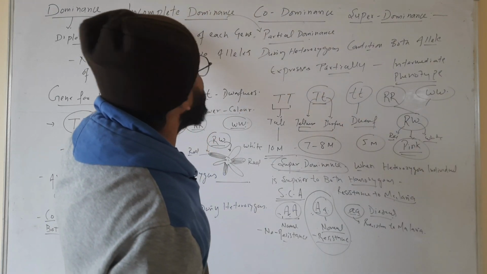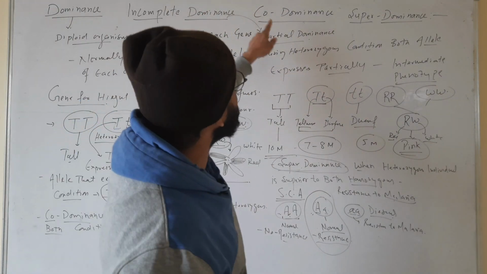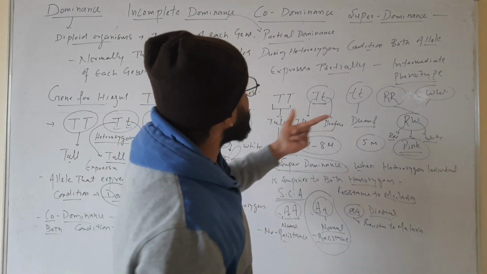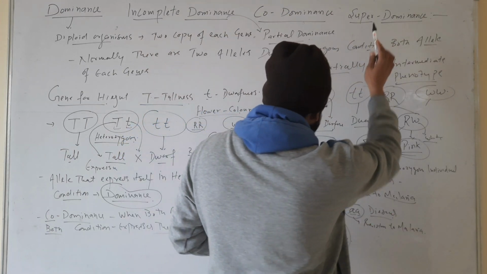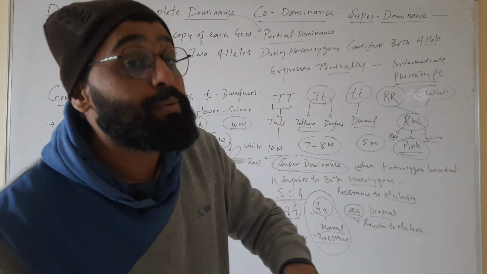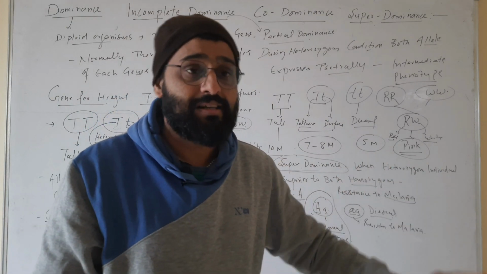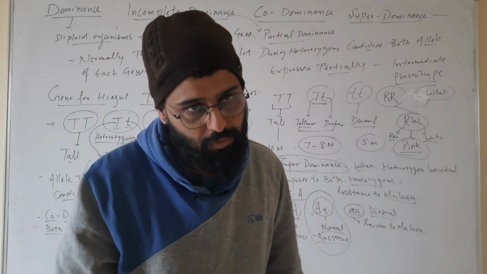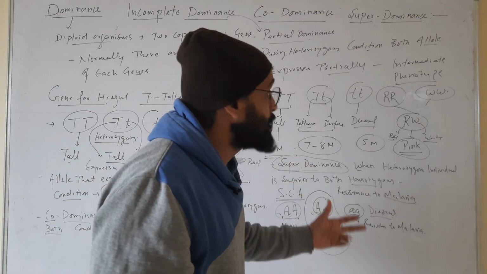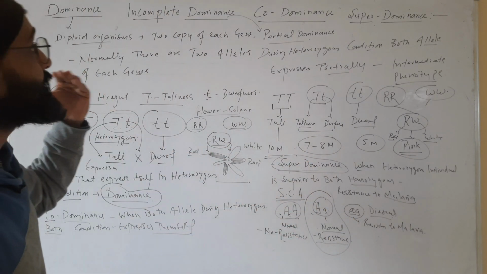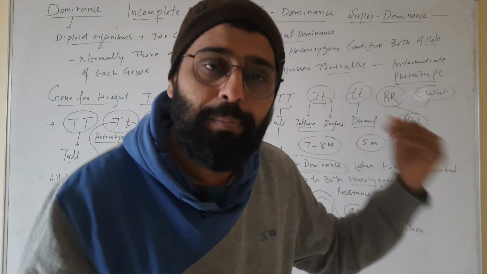In incomplete dominance they express partially, but in codominance they express fully. In case of superdominance, the heterozygous condition is superior to both homozygous, recessive homozygous and dominant homozygous. So this is the difference between dominance, incomplete dominance, codominance and superdominance.